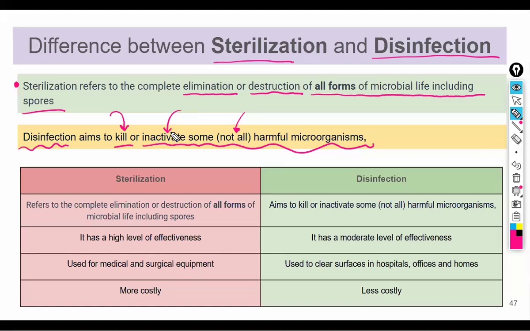Inactivate them means that it damages the bacteria in such a way that probably the bacteria can't reproduce now, or the bacteria living is just not able to move. It's like if you inactivate somebody, right? It's the only thing I can think about right now. Sorry for the gruesome explanation, right? But instead of killing someone, you could inactivate them.